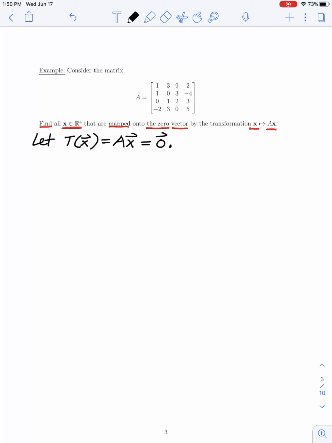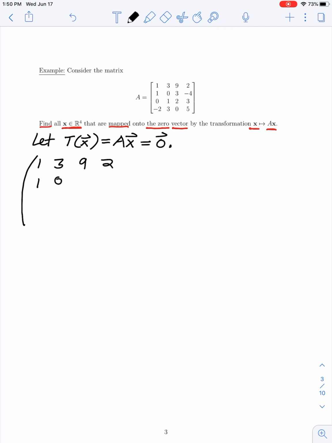So here I've got a homogeneous linear system defined by this matrix equation, and in order to solve this, I can make use of an augmented matrix as I did with the previous example. So here, the first row of our augmented matrix would be 1, 3, 9, 2.